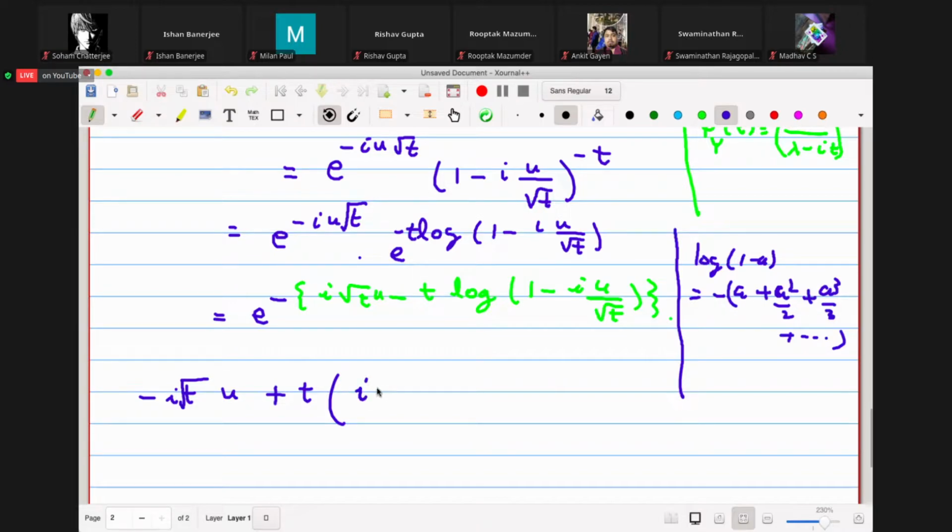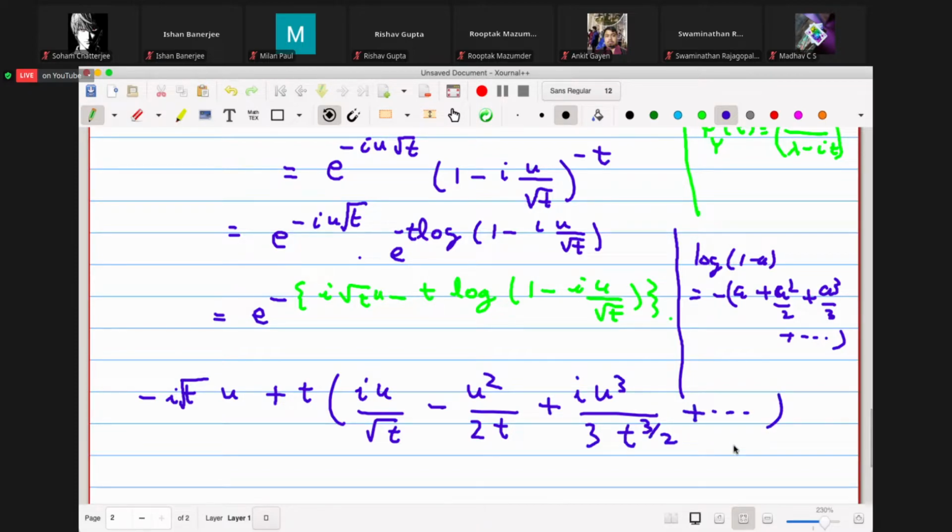So i u over square root of t, and then i squared, that becomes minus u square by 2 t, and then plus, let's just write one more term, i u cube divided by 3 t power 3 by 2, and so on.